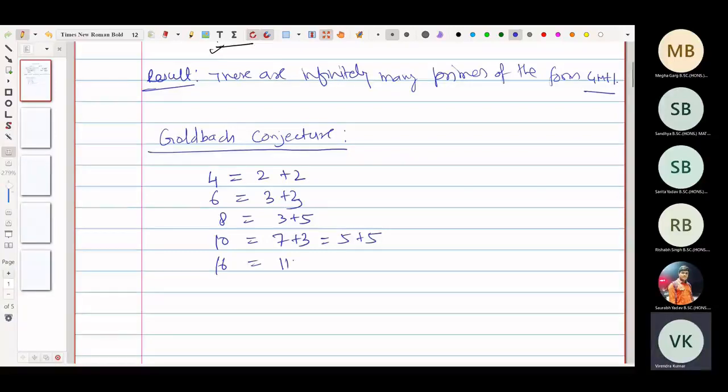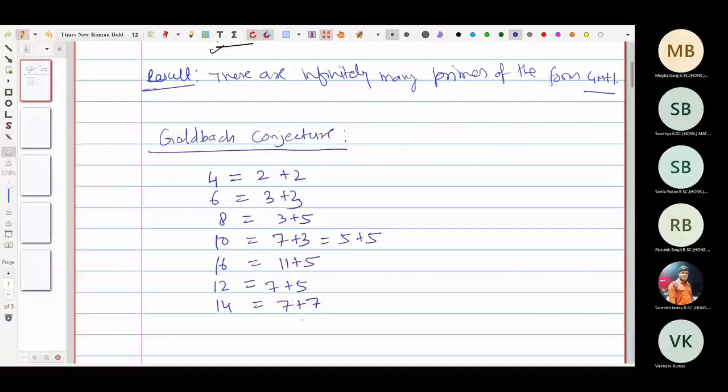Or 16, we can write 11 plus 5. What about 12? How can we write 12 as a sum of two primes? 7 plus 5. Yeah. What about 14? 7 plus 7.